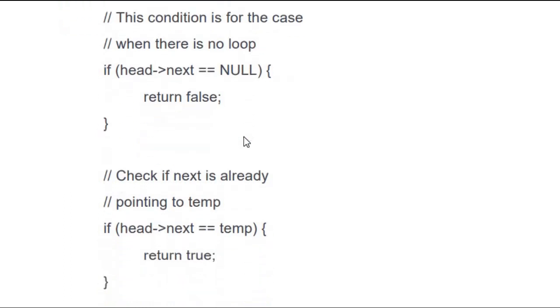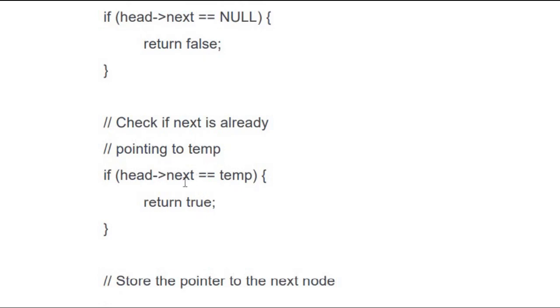But if it isn't the case, and the current pointer at which we are is pointing towards temp, then we will return true, meaning we have again reached the same point.